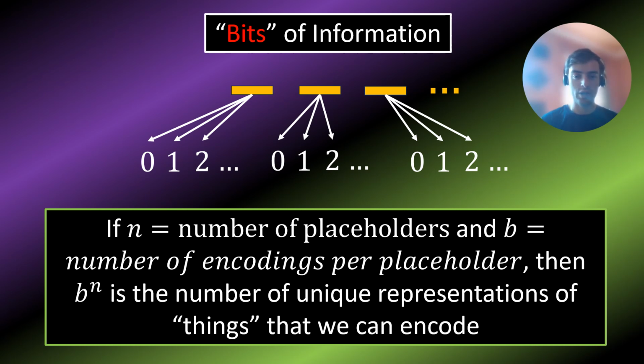The way that we'll calculate the number of permutations, or the number of things that we can represent with that encoding, is b to the n, where b is the number of items within each placeholder. And so b to the n is the number of unique representations of things that we can encode.